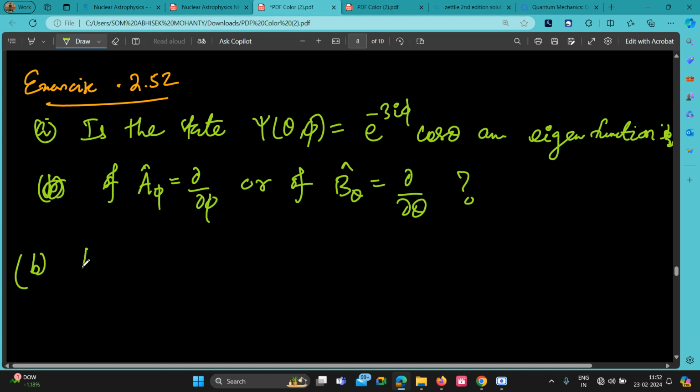Second bit, are the A phi operator and B theta operator Hermitian? Are A phi or B theta Hermitian?